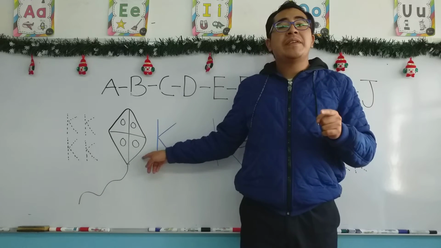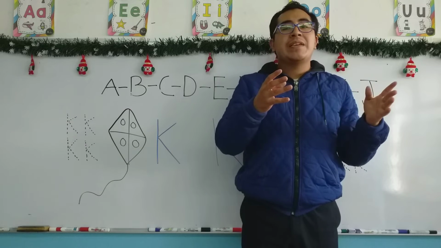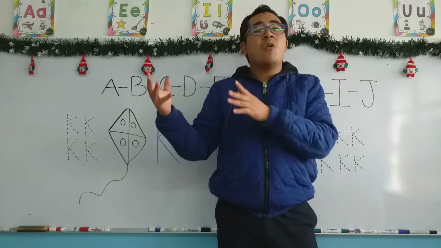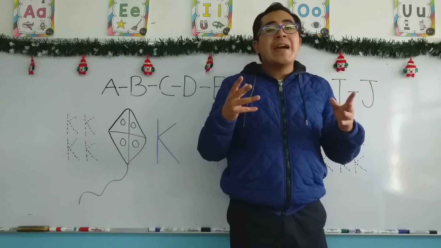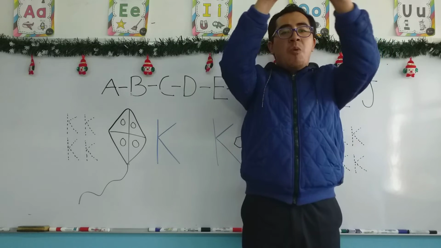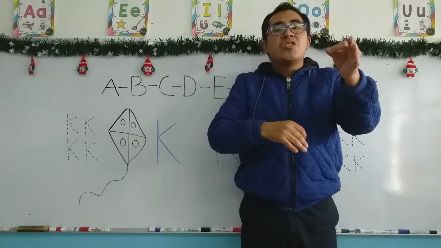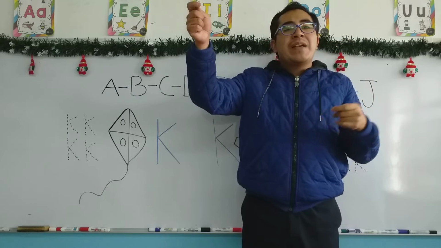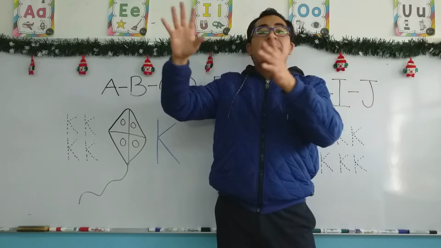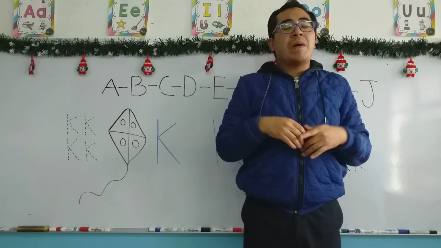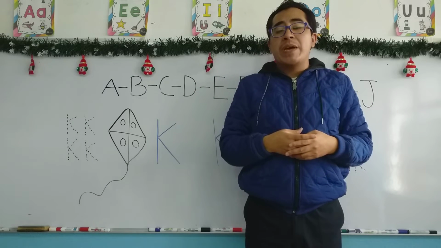Now, the kite, it's an object that belongs to the family of toys. Kite, it's a rhombus that is made of paper with a string so the air levitates it. Kite in Spanish, papalote o cometa.